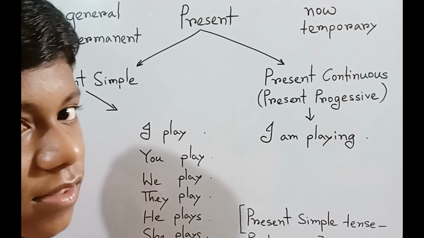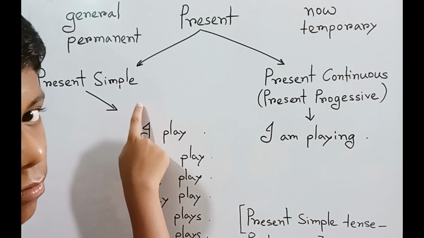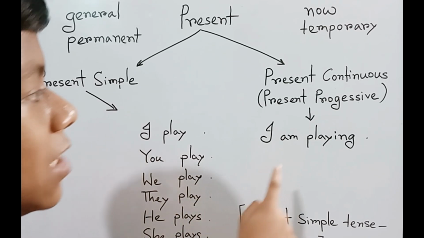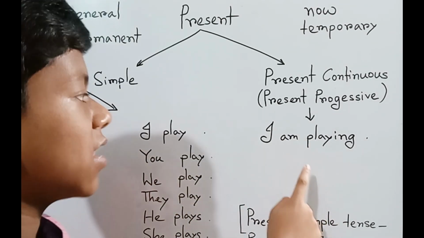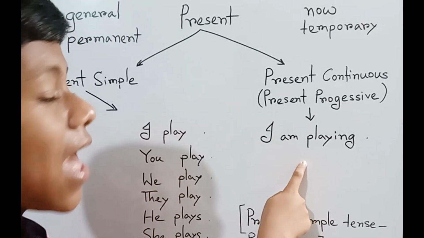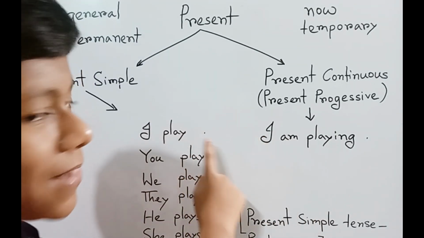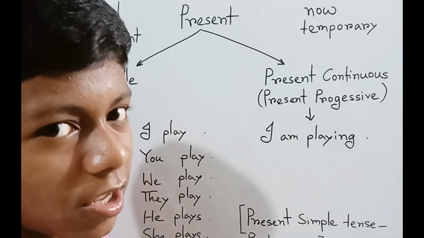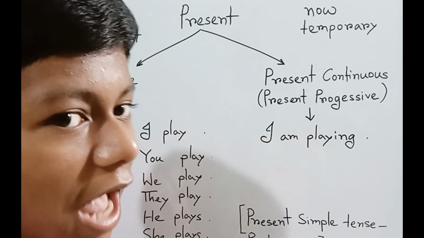Here in present simple tense, it is I play, and in present continuous, or you can say present progressive, the example written is I am playing. I play, I am playing. So what's the difference there? Do you know? Yes, I do know.